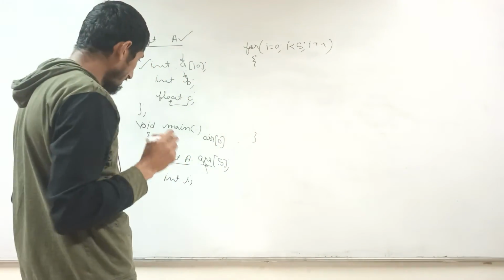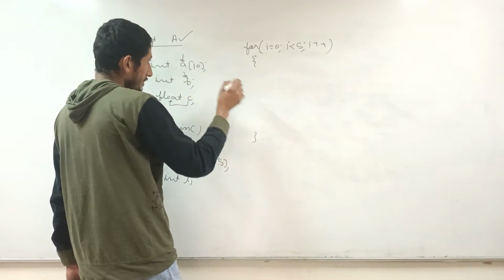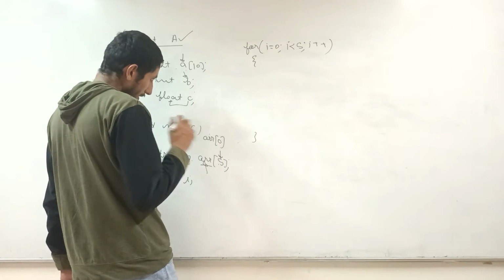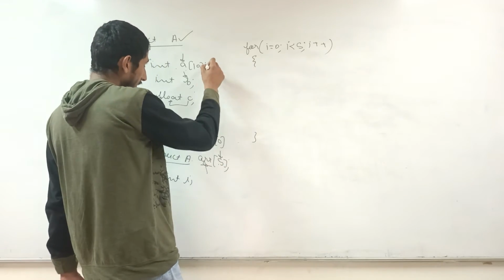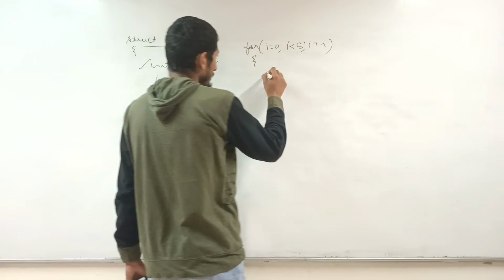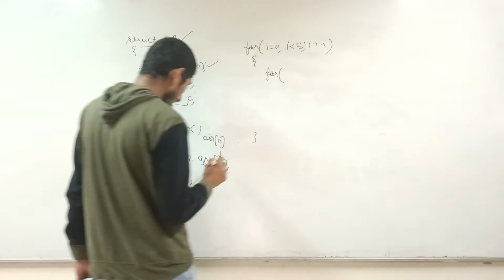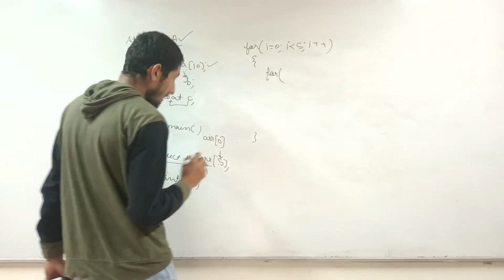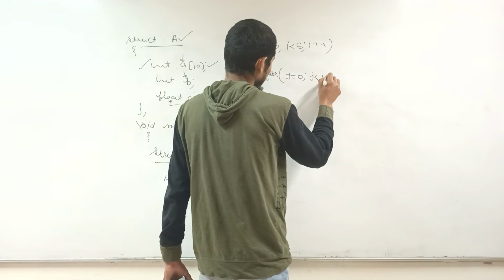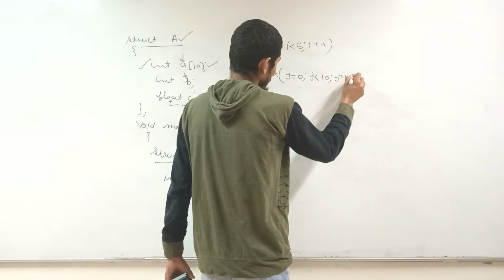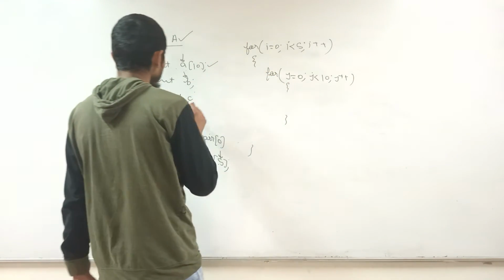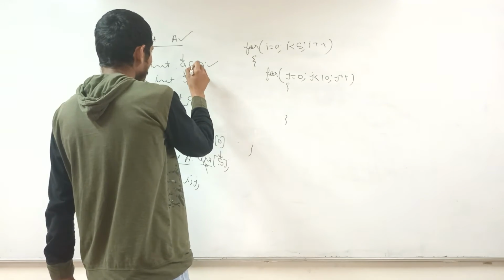In order to enter the values, I have applied the loop from 0 to 5 because I have 5 elements. But inside every block, I have an array, so I have to apply one more loop for the array. We can apply for, let me declare j also, j equals 0, j less than 10, and j plus plus. The purpose of this loop is to enter 10 elements of type integer.